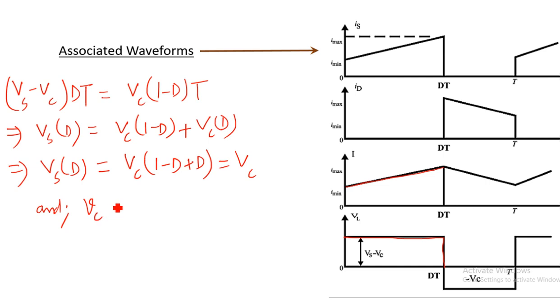As we have seen, Vc equals Vo. So simply Vo equals d times Vs.